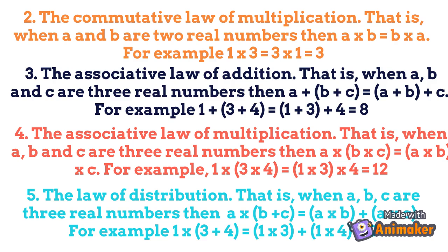A into (b plus c) equals a into b plus a into c. That is, a can be multiplied with b, and a can be multiplied with c. That means we can write a into b plus a into c, and the result will be the same. An example is given here.